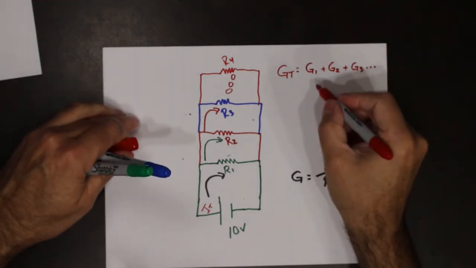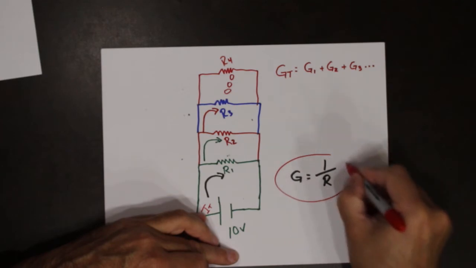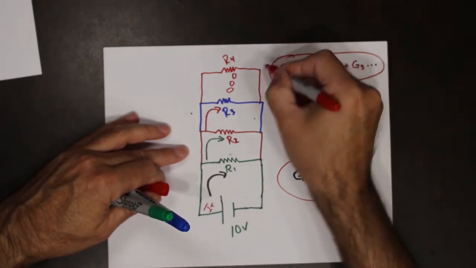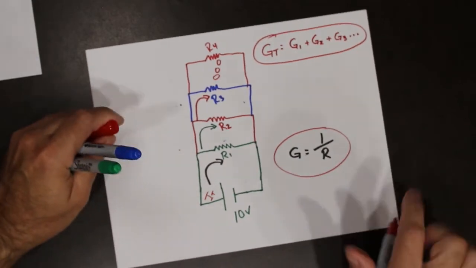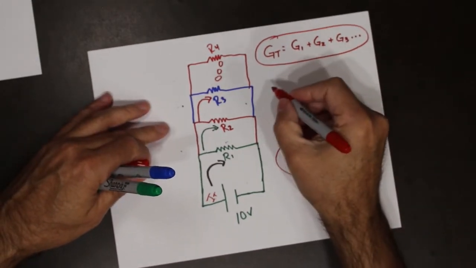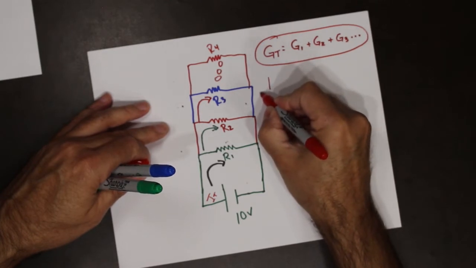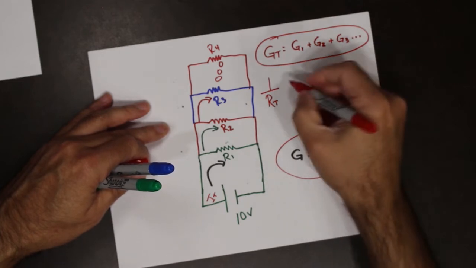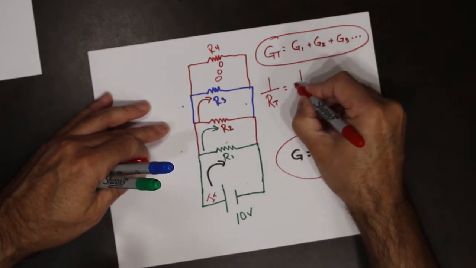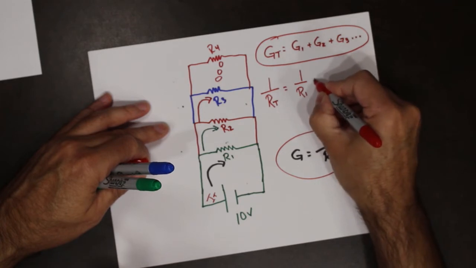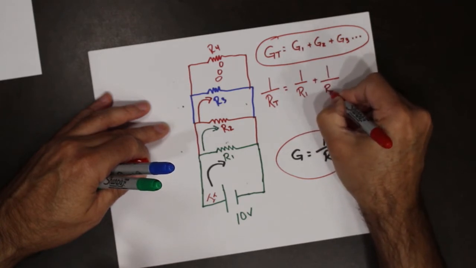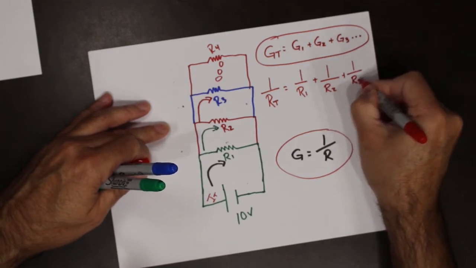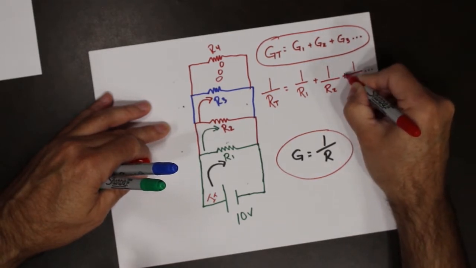So, if we know this, and we know this, we can actually combine those two things, and we can say 1 over R total is equal to 1 over R1 plus 1 over R2 plus 1 over R3, and so on.